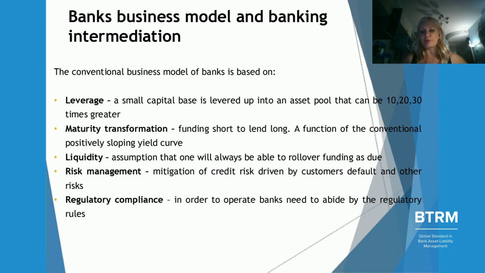So maturity transformation is embedded into the business model of the banking industry. And it's okay to run some portion of healthy maturity transformation. Of course, we know that in the past, excessive maturity transformation led to many problems.